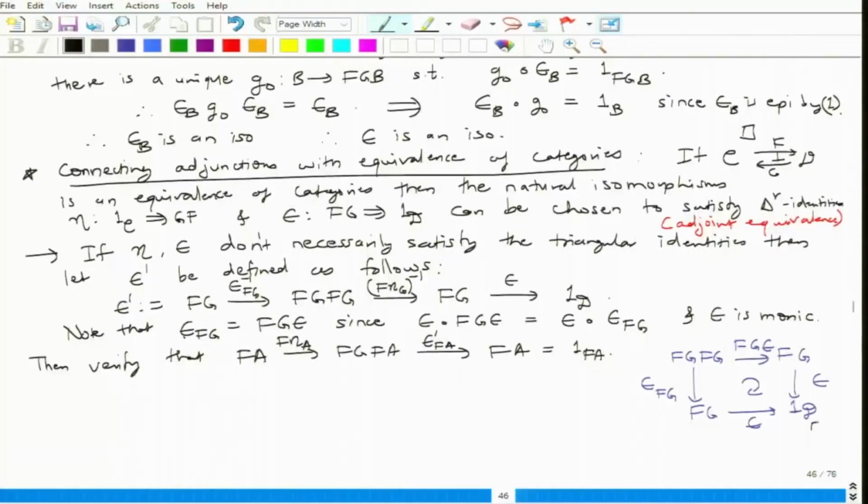If nobody does it, then our scribe will definitely do it. Okay, so this is adjoint equivalence. You can always tweak your given natural transformations, unit and counit, slightly so that they satisfy the triangular identities.